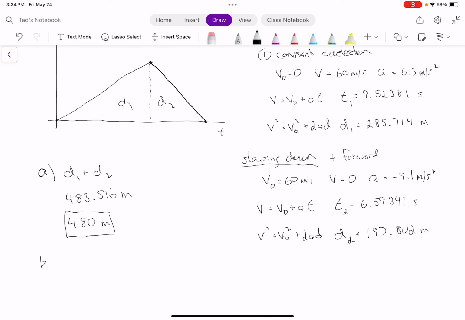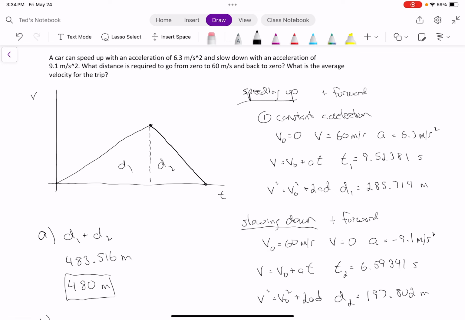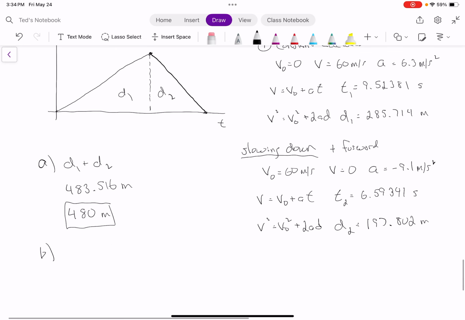All right, part B. What is the average velocity for the trip? Now, the average velocity for the trip is going to be the total distance, d1 plus d2, divided by the total time, t1 plus t2. So we're not just going to use 480 meters. We're going to use the 483.516.